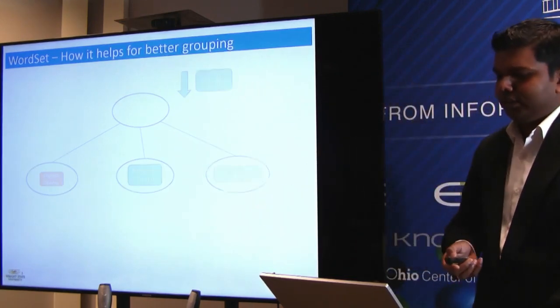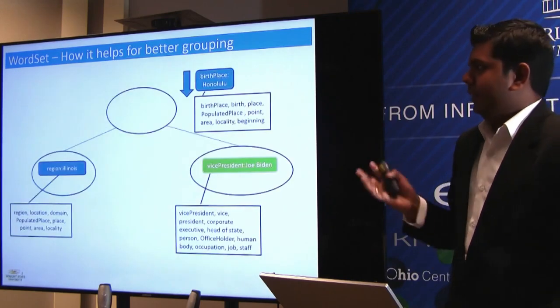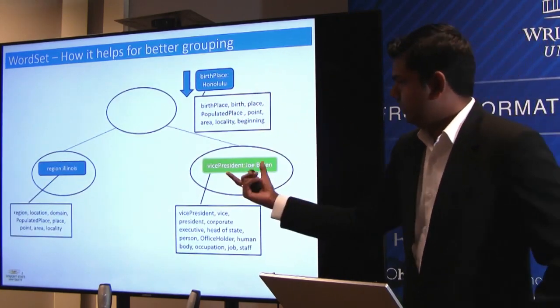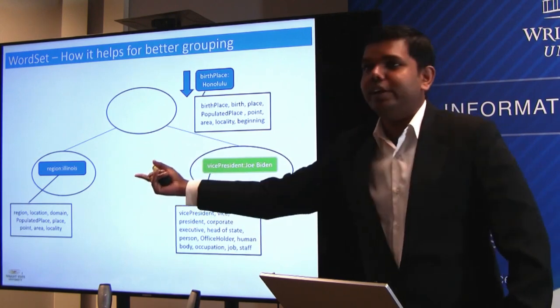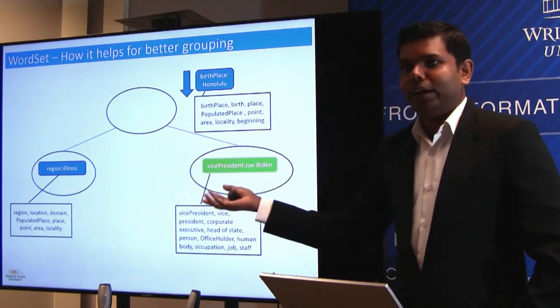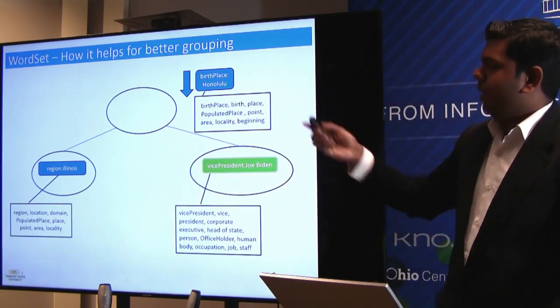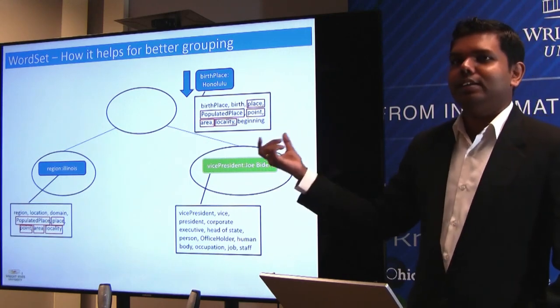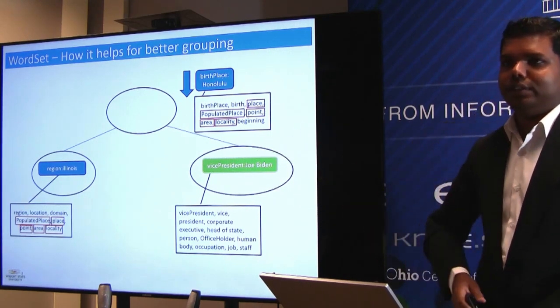So how it works is like this. New item comes, we have the expansion. So these are the groups that already exist in the hierarchy, and these items are expanded already. The new item comes and we can see the relatedness of the expanded features.